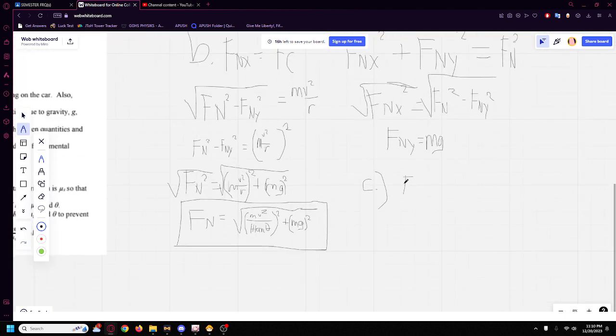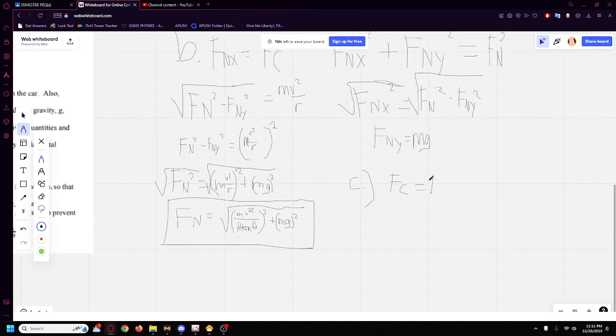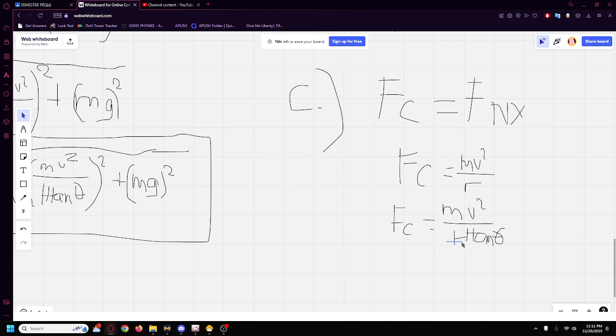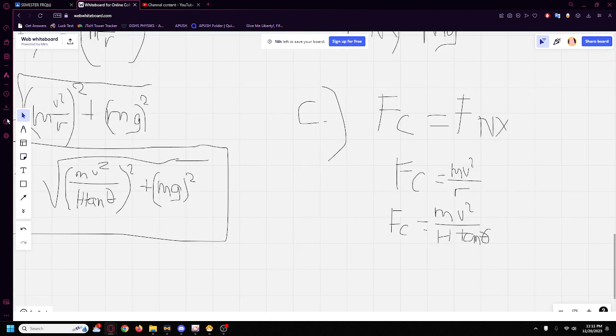So we know that F_c is equal to F_N x. Substitute F_N x for m v squared over r, and then substitute r for h tan theta. And that's F_c.